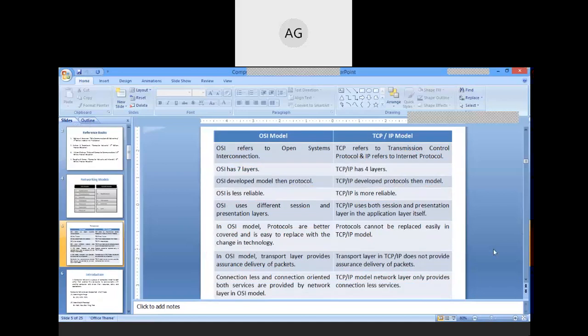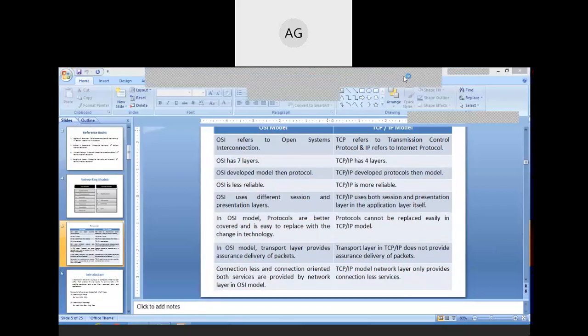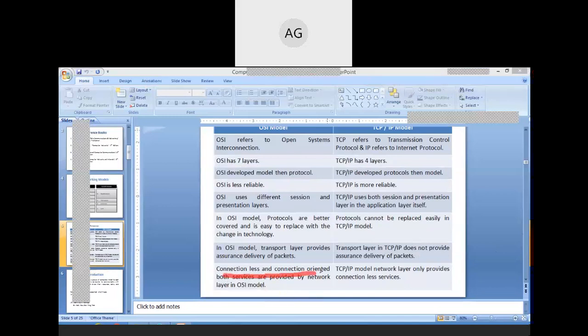So the next difference is connectionless and connection-oriented. Both services are provided by the network layer in the OSI model, whereas in the TCP/IP model, the network layer only provides connectionless services. In order to make communication faster, we need connectionless services, as the internet is an example of connectionless services.